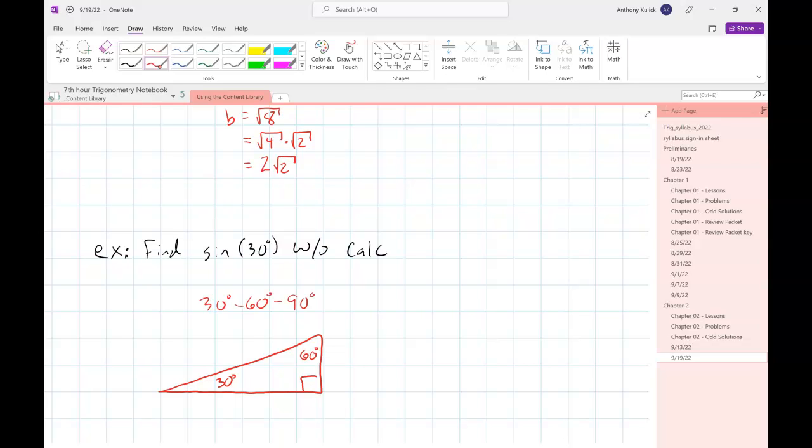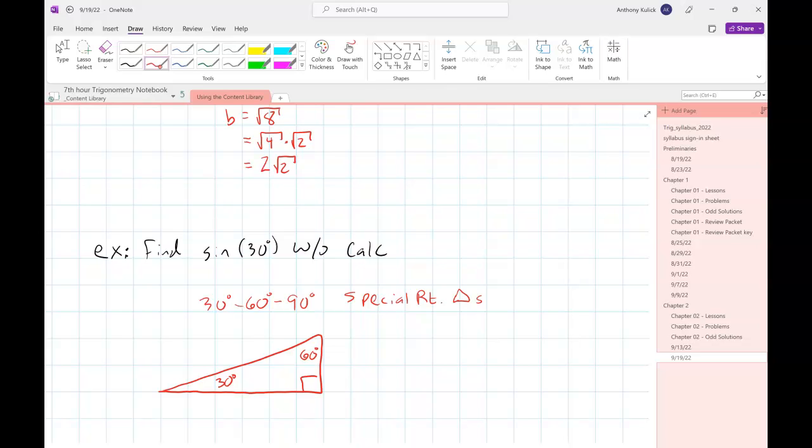Do you remember this from geometry? This was one of the special right triangles. Why were they special? Because we were able to write their side lengths as ratios.